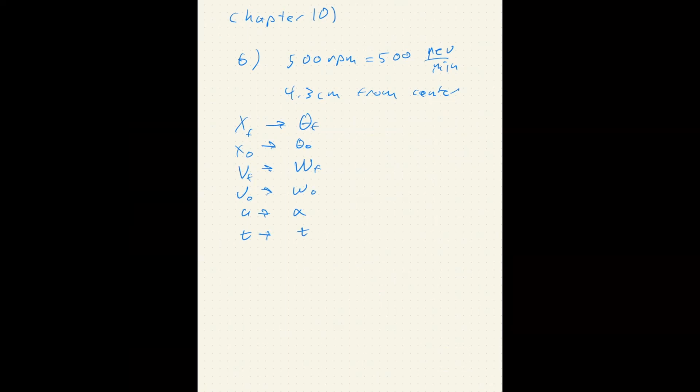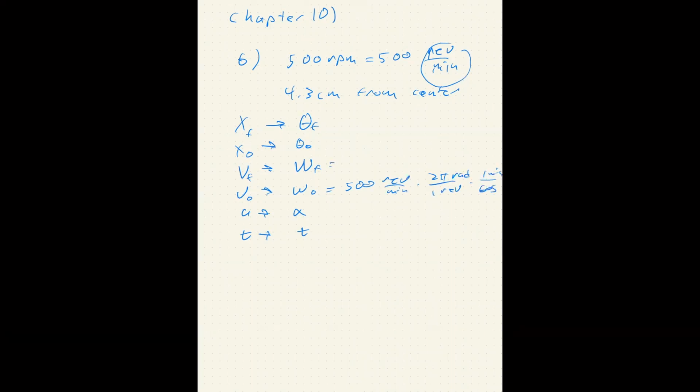So we're going to go ahead and take some of these values out. Where did I put the problem? Number 6, there we go. So our omega initial would be 500 revolutions per minute, and we're going to have to convert that. One revolution is 2 pi radians, and 1 minute is 60 seconds.